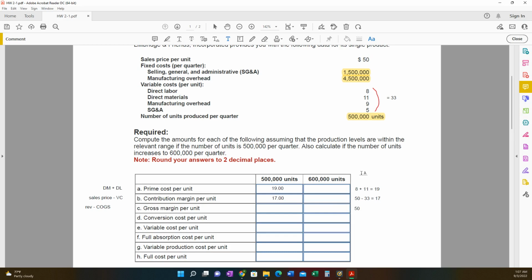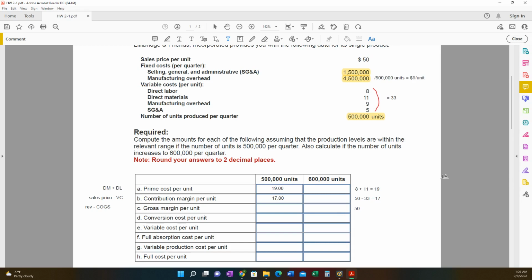So what we need to do is add up the variable costs that are manufacturing costs, and also we need to convert the manufacturing overhead, which is fixed, into a per unit. So if we take this $4.5 million in manufacturing overhead and we divide it by 500,000 units, we get $9 per unit.